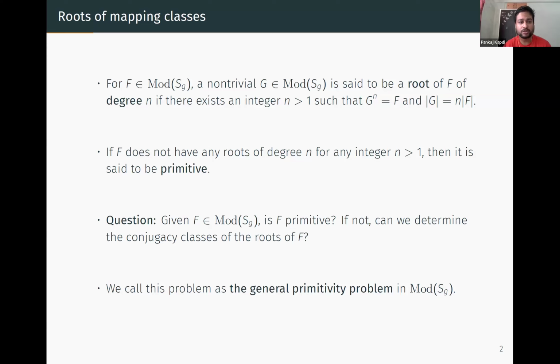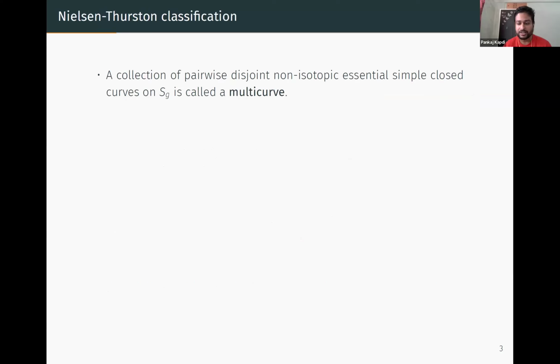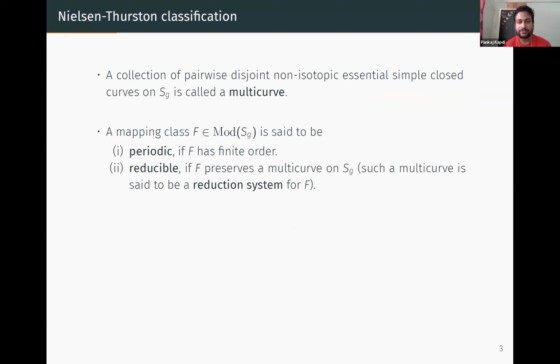Before moving on to some results, I'll give the famous Nielsen-Thurston classification of mapping classes. A collection of disjoint non-isotopic essential simple closed curves is called a multi-curve. We say that a mapping class is periodic if it has finite order, and it's reducible if the mapping class preserves some multi-curve on the surface.